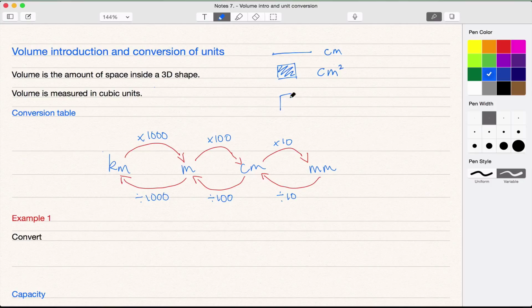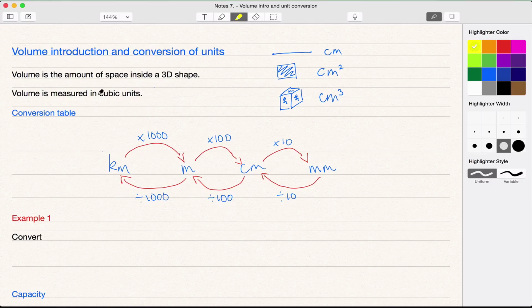Now we're looking at volume, which is the amount of space inside a three-dimensional shape, and that's measured in cubic units. Cubic units means we put a little 3 up the top of meters, centimeters, millimeters, whatever we're working with.